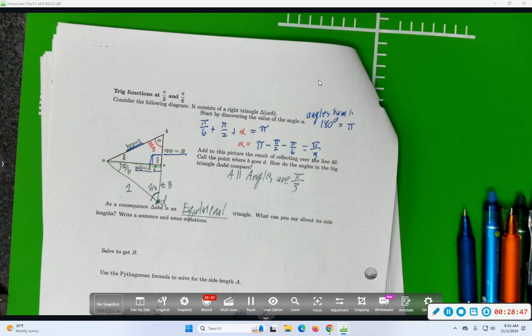Will it always be those numbers in radians? What do you mean by always? Will it always be pi over 6, pi over 2, pi over 3? I mean, I'll give you other triangles to study. So on the previous page, for 60, 30, 90: 60 degrees is pi over 3 radians. 30 degrees is pi over 6 radians. 90 degrees is pi over 2 radians.